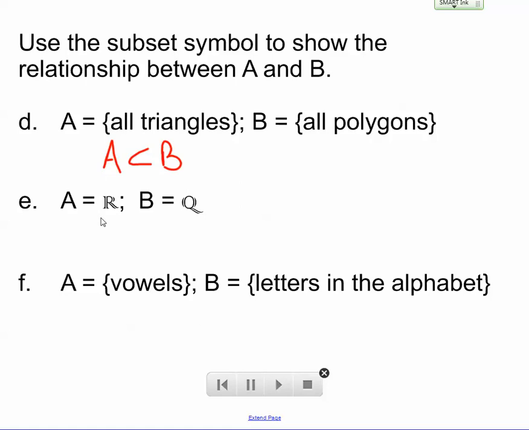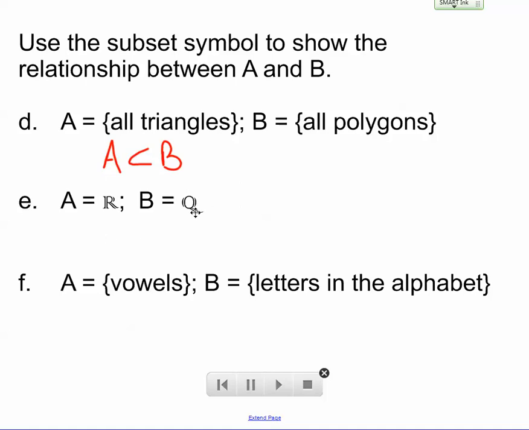Okay, what about here? Look at these fancy symbols I found in my text. So the set of real numbers and the set of rational numbers. That's what R is. It's the set of real numbers and the set of rational numbers. Are all real numbers rational? No. Square root of 3 is a real number, but it's not rational.